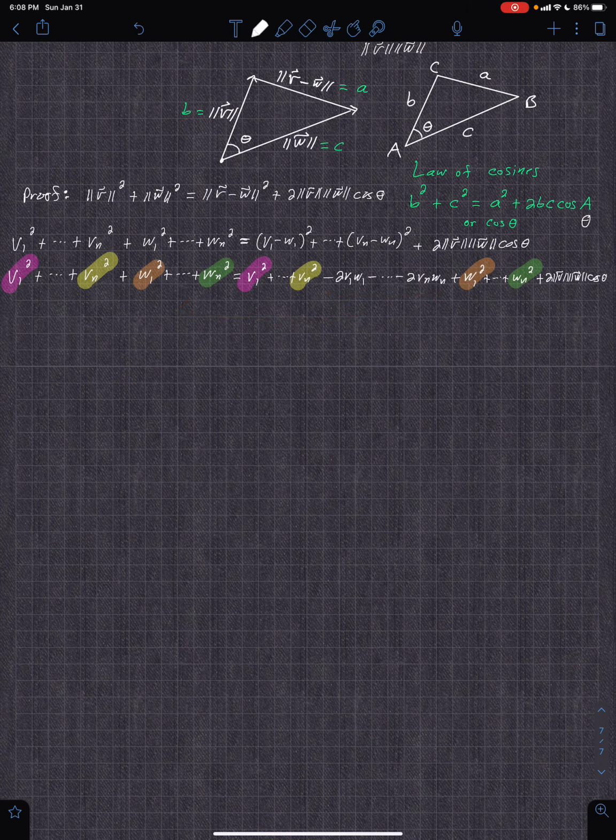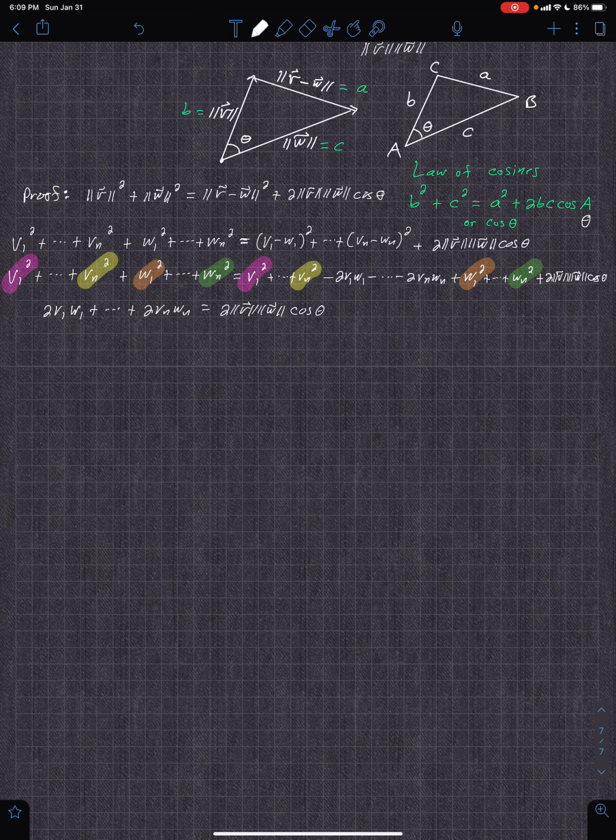And so you get 2V1 W1 plus, etc., 2Vn Wn equal to 2 magnitude V magnitude W cosine theta.